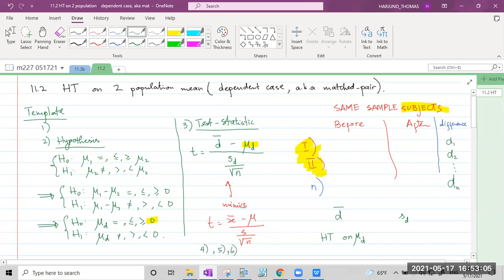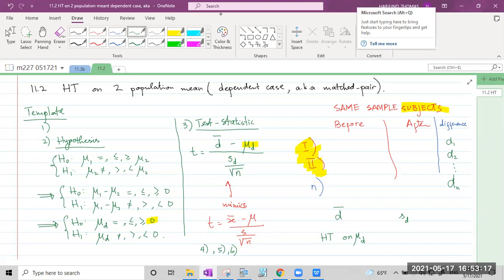Now, the nice thing about giving you the template is this. Once we master the template, which I assume you already have, then all the variations only make us do substitution on step 2 or step 3 or step 4.